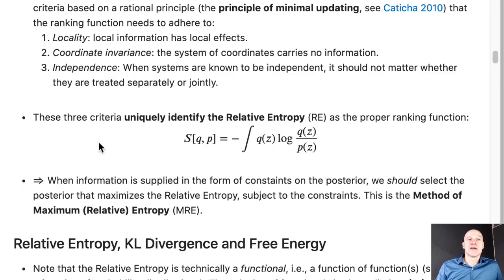And the statement is now that when information is supplied in the form of constraints on the posterior, so constraints on Q of Z, we have to select a posterior that maximizes this function subject to the constraints. This function is called the relative entropy.